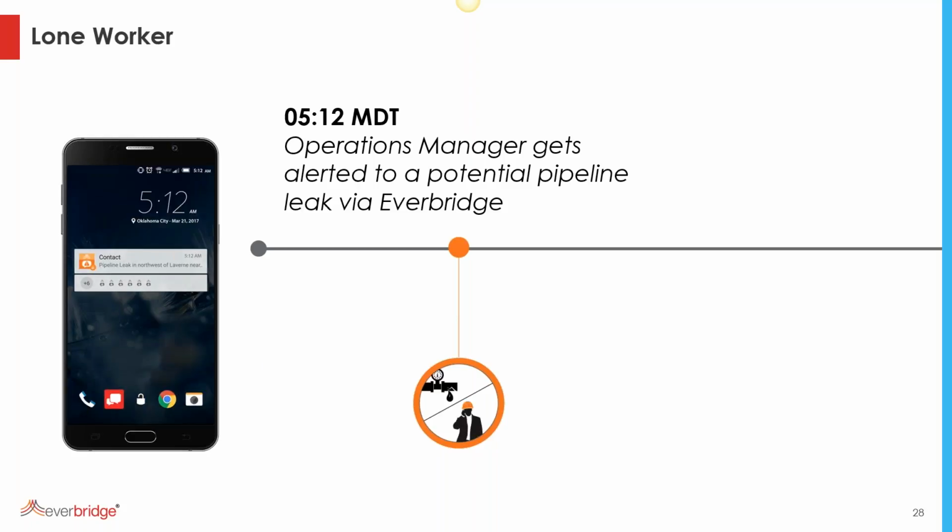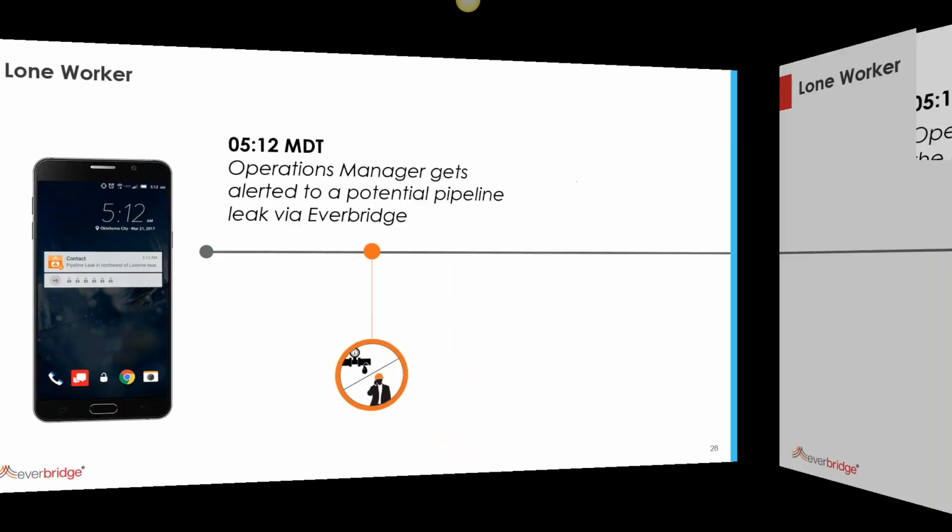So I need to be able to communicate to my crew and send a call-out notification. Which one of my crew members can quickly confirm that they can take a look at this leak and perhaps resolve the situation? So I send my crew call-out notification to my team, and I get the appropriate confirmation.